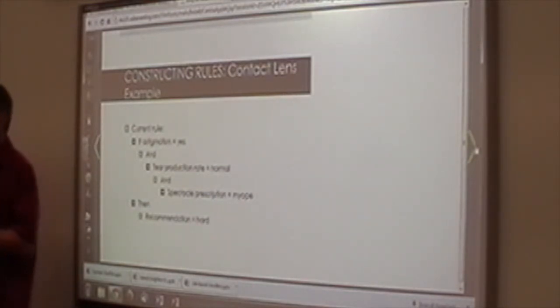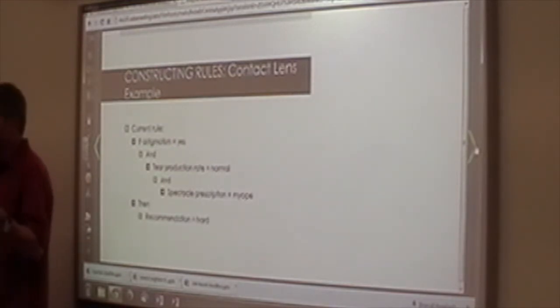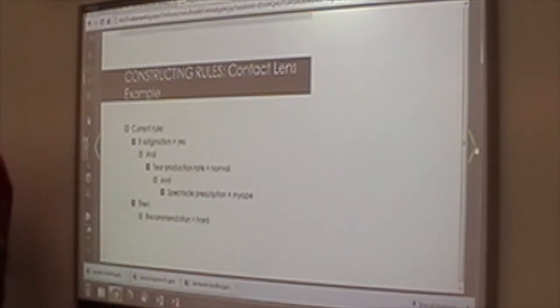And there are ways to prune some of these trees. Sometimes you get a lot of overlap, and you can go back and clean up some of these rule sets and decision trees, pruning them.